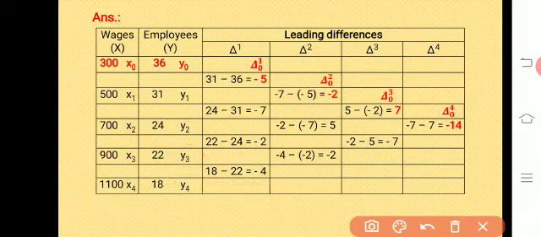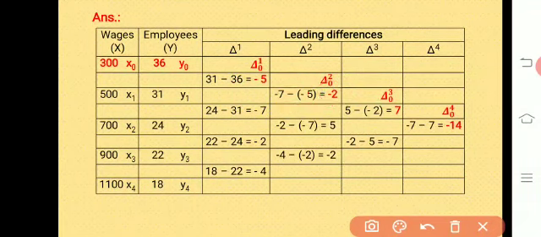Similarly, delta square. Here delta square is this: minus 7 minus minus 5. You can observe here, this is minus minus, so it becomes plus. So it is minus 7 plus 5, which is equal to minus 2.